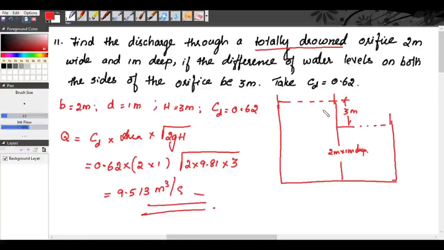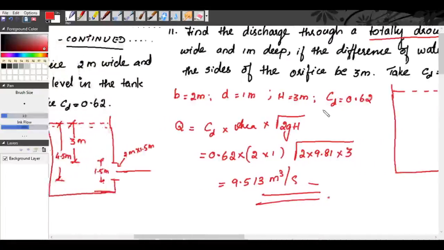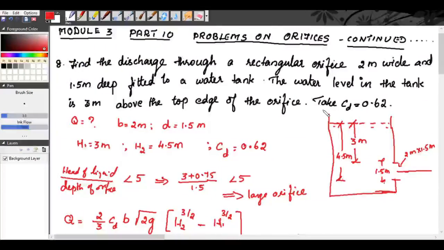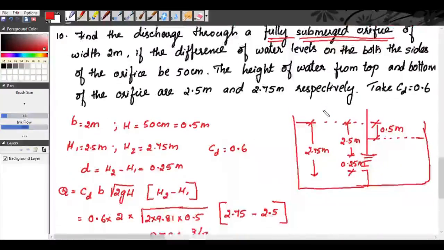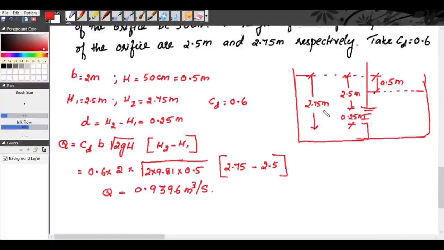See, in the previous problem, the formula is for both fully submerged or drowned orifice. It means the same. It is H2 minus H1. H2 minus H1 is the depth of the orifice.